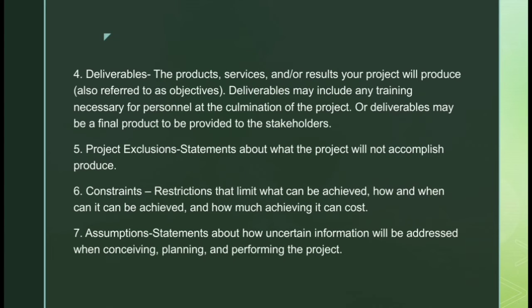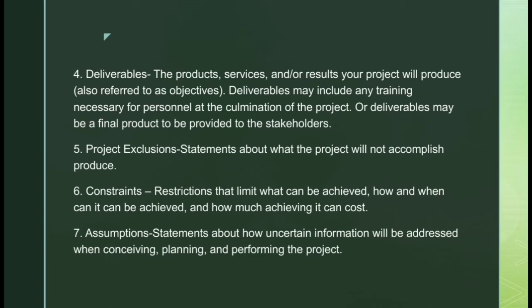So let's proceed to number 4. Deliverables, the products, services, and results your project will produce, also referred to as objectives. Deliverables may include any training necessary for personnel at the culmination of the project, or deliverables may be a final product to be provided to the stakeholders.